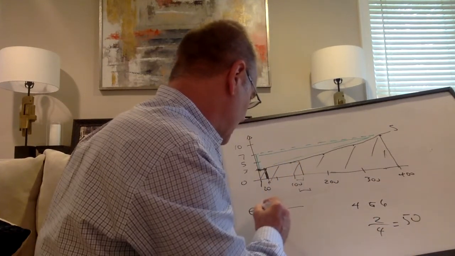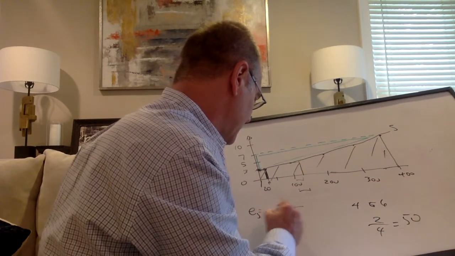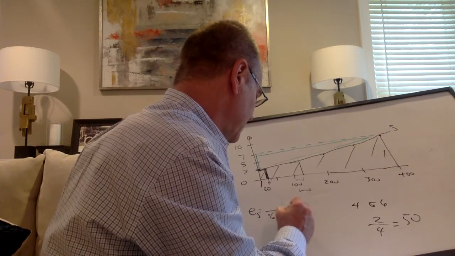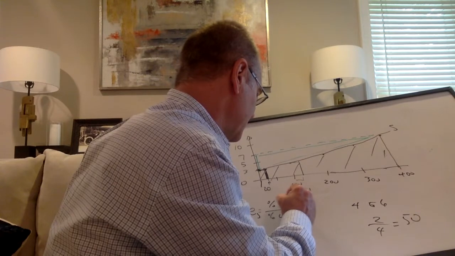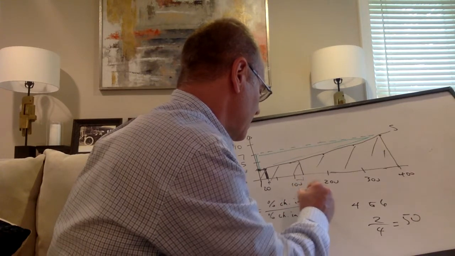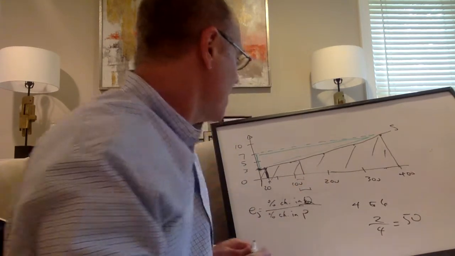So ES equals percent change in quantity over percent change in price. The numerator is percent change in quantity.